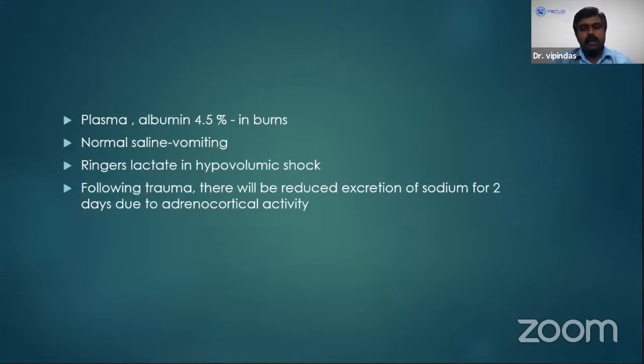Following trauma, there will be a reduced excretion of sodium, as already explained, due to adrenocortical activity. So plasma and albumin should be given in burns, normal saline in vomiting and diarrhea like conditions, and Ringer's lactate in hypovolemic shock.